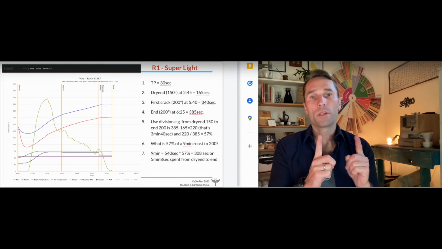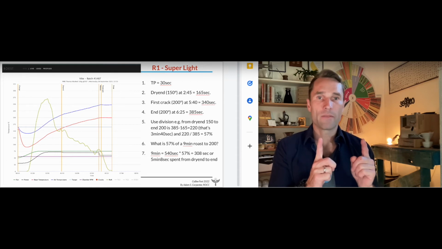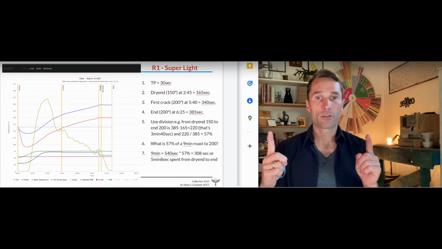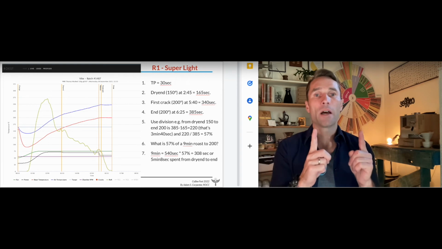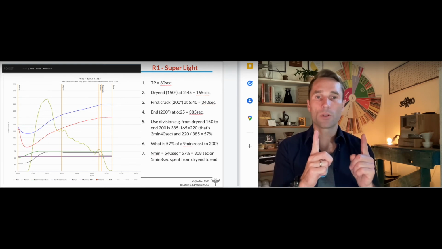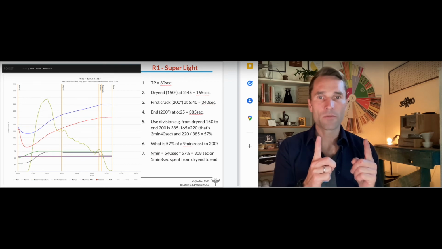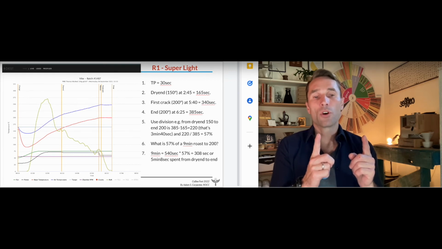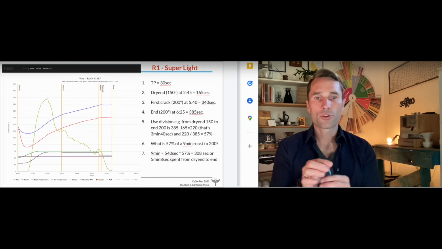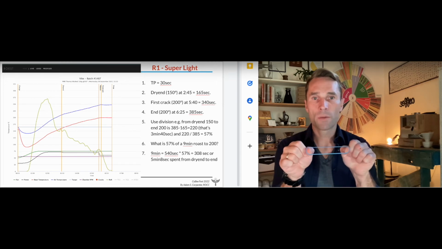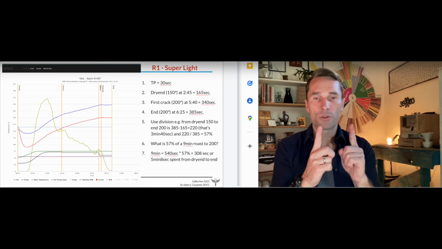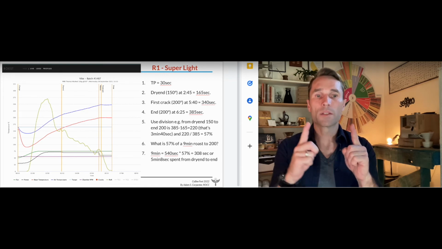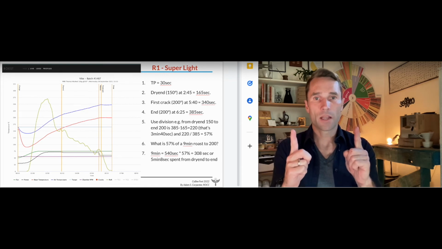We're going to multiply 0.57 times that 540 seconds, and we're going to find out this last stage should be 308 seconds. That's 5 minutes, 8 seconds. So what we used to do on the first roast, this little roast, in 220 seconds should now take us 308 seconds.